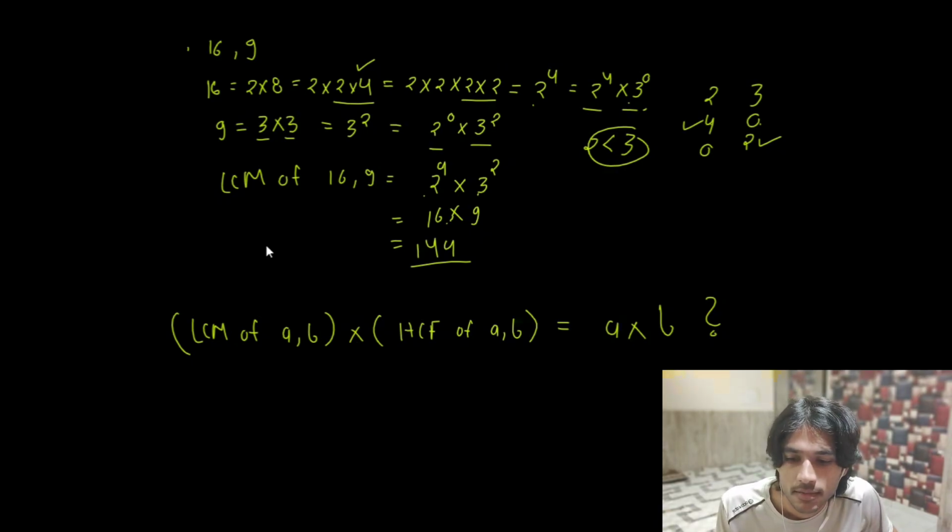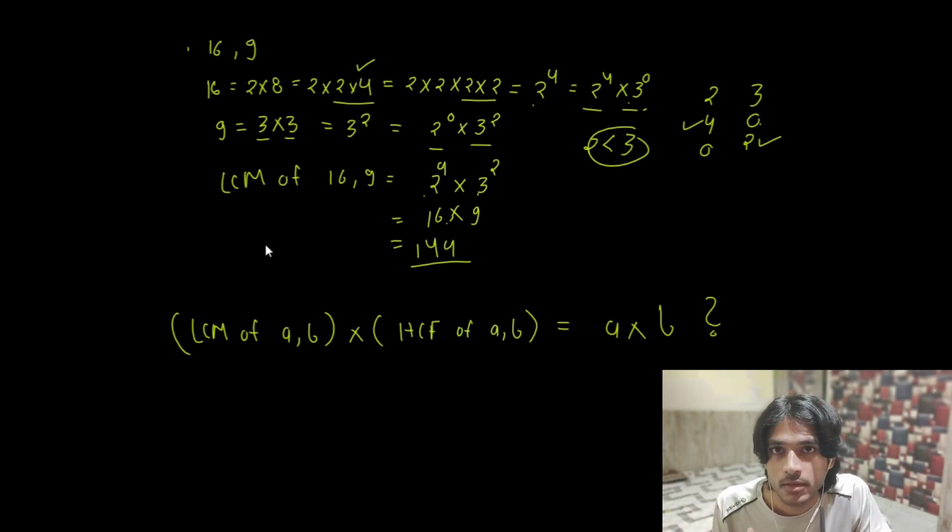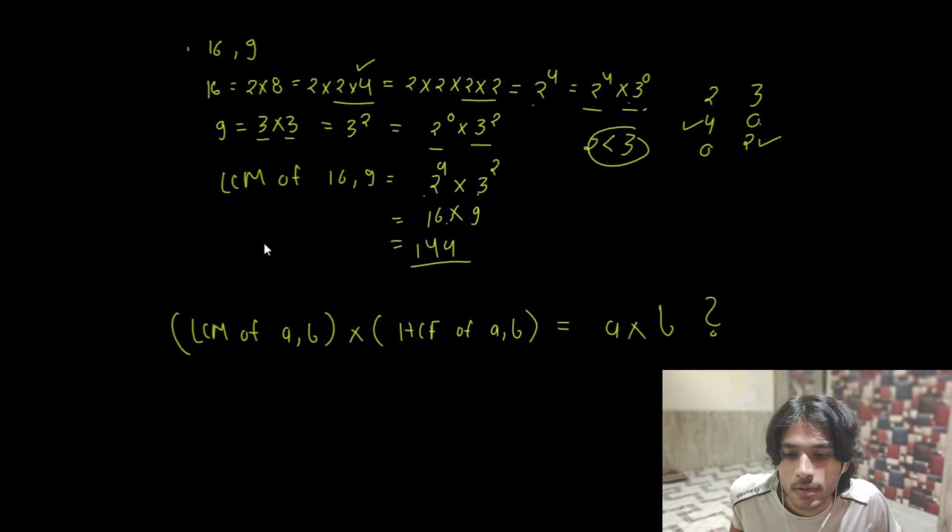What I've written is that no matter what two natural numbers, obviously LCM and HCF only take place between two natural numbers, so A and B are natural numbers. What I have to prove is that the LCM of two numbers A and B and the HCF of two numbers A and B, when I multiply them, are equal to the actual product of both of those numbers. So if you can't think of it as a general case, try to take examples, maybe 16 and 9.